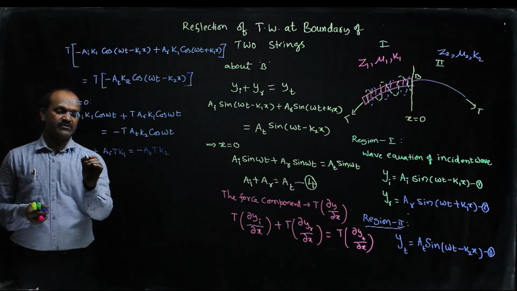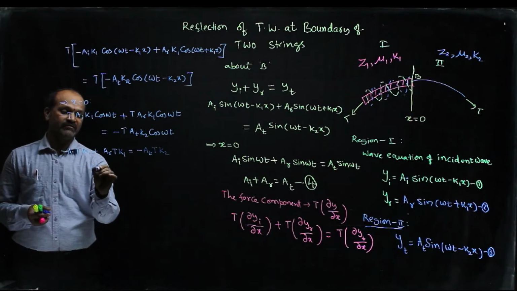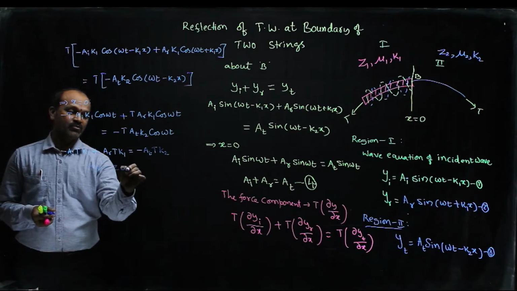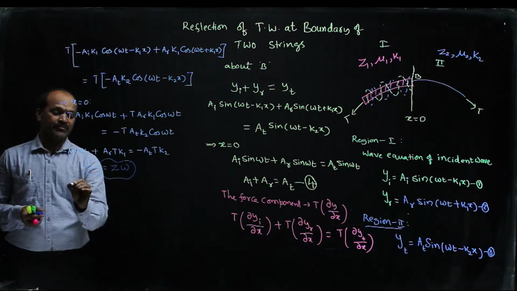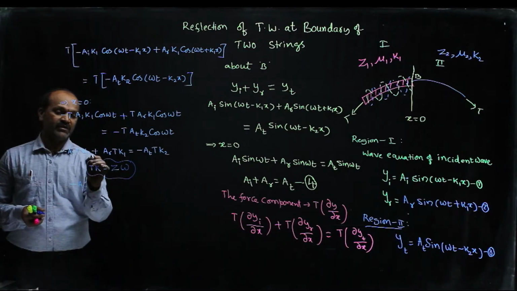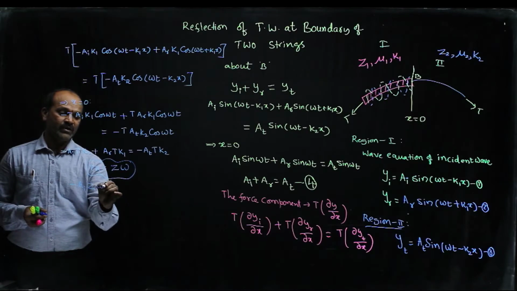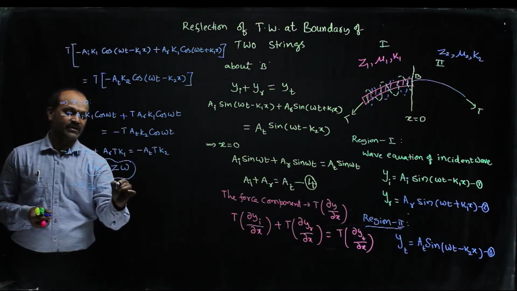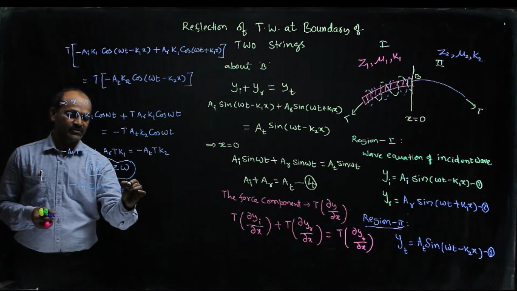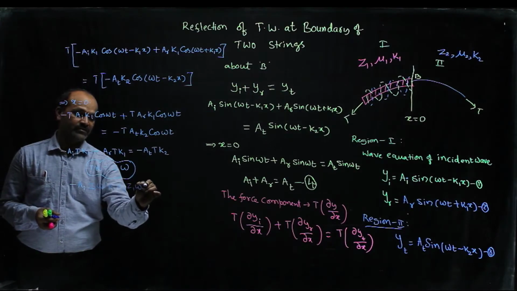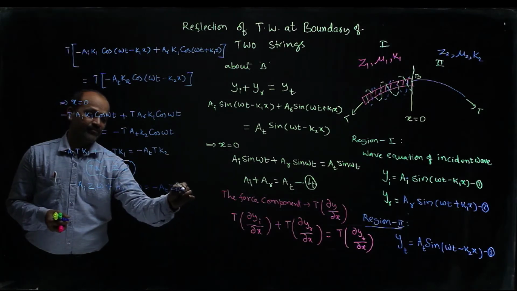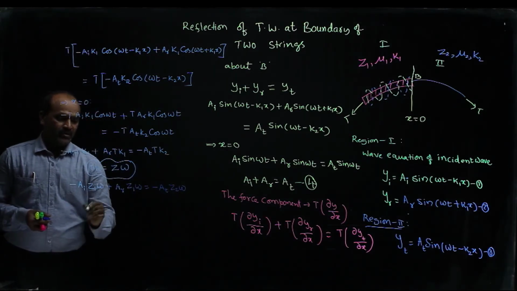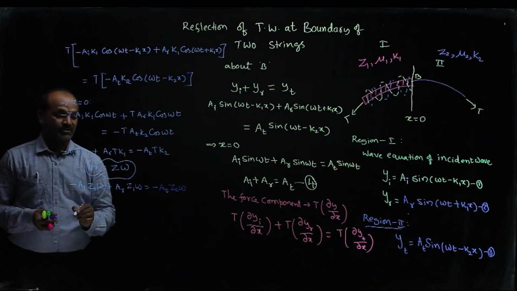Take this T k1. But T into k, we know, is impedance into omega, Z omega. So substituting here, minus Ai Z1 omega plus Ar Z1 omega is equal to minus At Z2 omega. Omega also we can cancel on both sides.